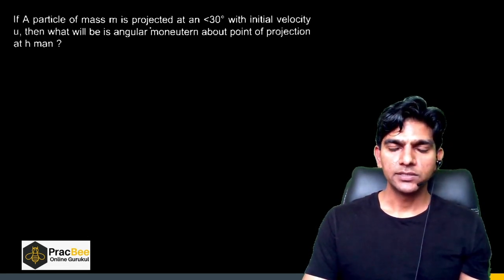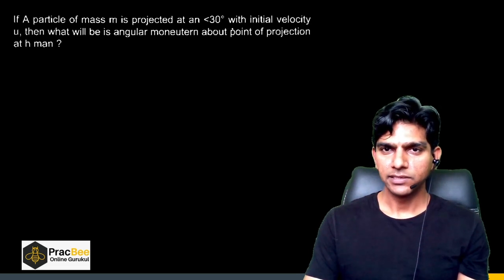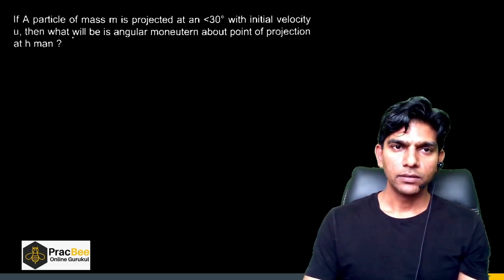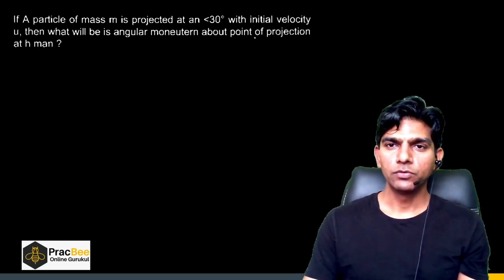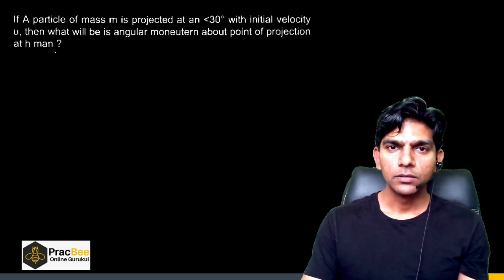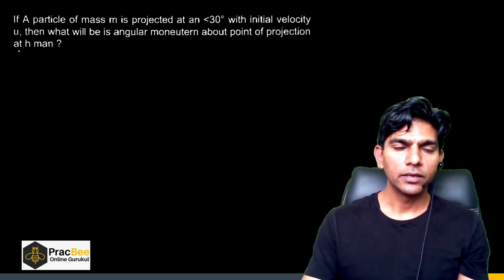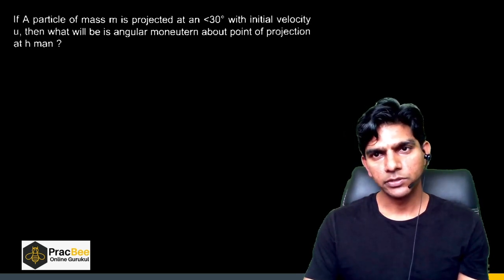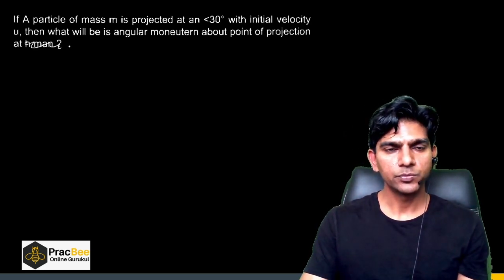If a particle of mass m is projected at an angle which is less than 30 degree with initial velocity u, then what will be the angular momentum about the point of projection? Okay, right. I think something is misprinted here. So let us take the point of projection, right?